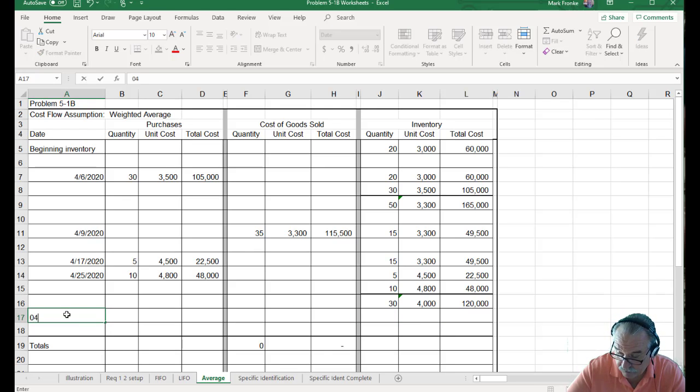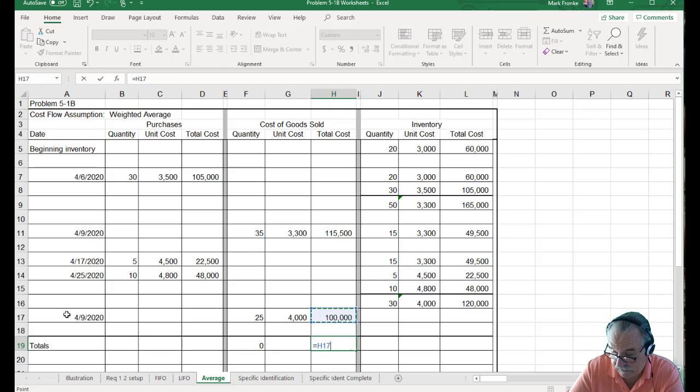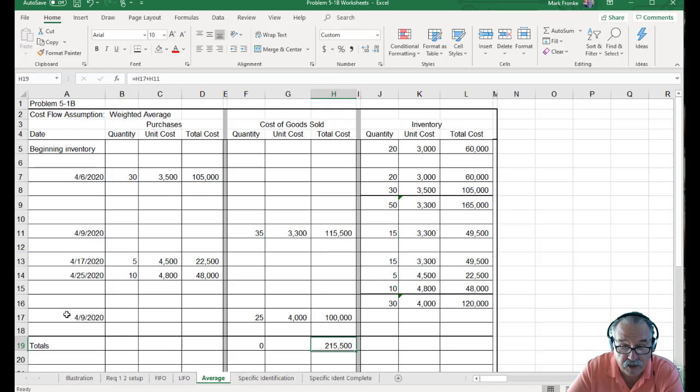So when we sold the 25 units on April the 9th, we sold them at an average cost of $4,000, which means that cost of goods sold on that sale would be $100,000, and total cost of goods sold is $215,500 for the 60 items that got sold.